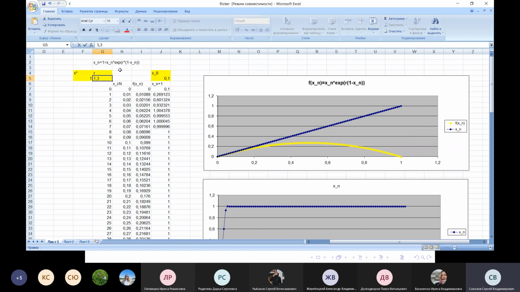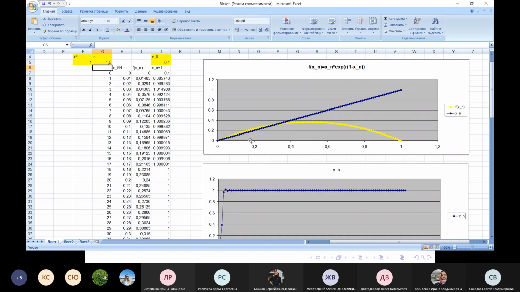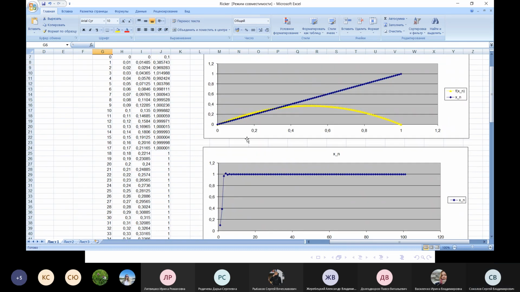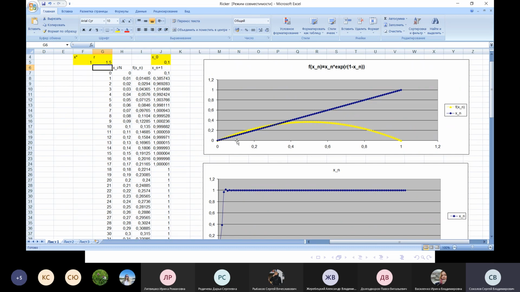Let us increase our R furthermore. We see that oscillations become stronger, more and more strong.